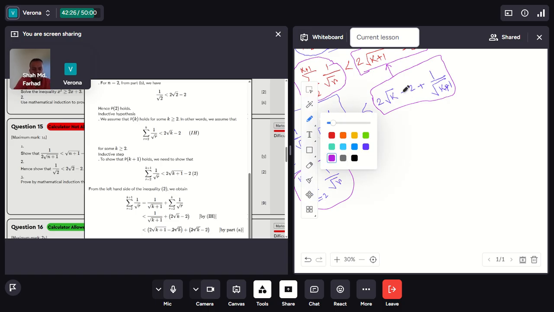Now if we try to calculate this one, we get k root k plus 1 as denominator, then 2k root k, and then minus 2 times root k plus 1, and then plus 1. Is it clear? Okay, now simplify this.